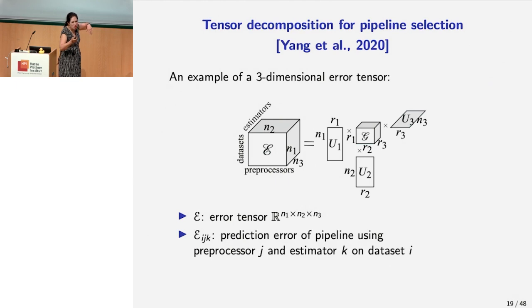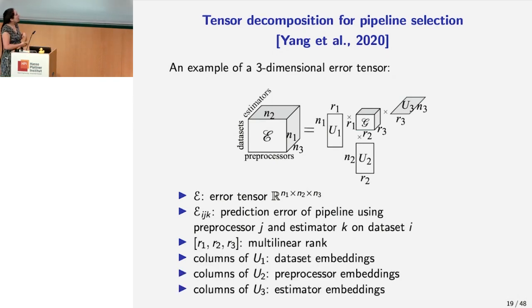It's actually even cooler in the tensor model because I get to control R1, the data set rank, independently of R2 and R3, which are like the preprocessor and estimator rank. So I really get a lot of flexibility here to do compression and also have a low-dimensional thing that I need to recover. I get embeddings for data sets, for preprocessors, for estimators, and I could go on and on if I've got more different kinds of hyperparameters.